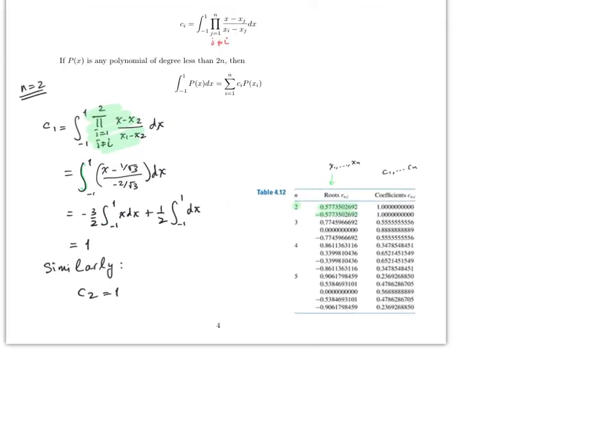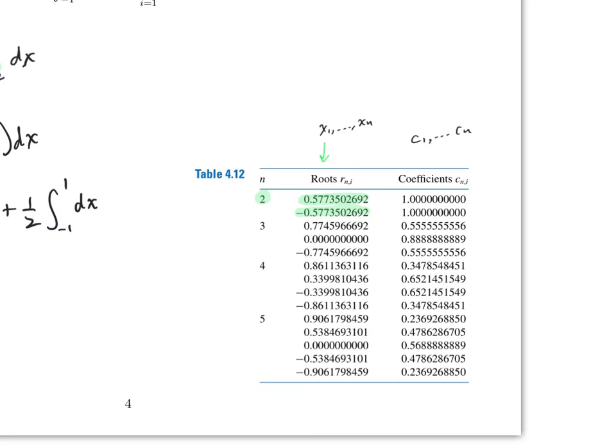If you look at the table, you can see the 0 here, and this is the square root of 3 over 5, minus the square root of 3 over 5. And then you do the integrals. This is the value for C1, C2, and C3. But again, they are given to you, so you can just use them from now on. You still should be able to find it, at least up to C3, though. That could be a good question for the exam.